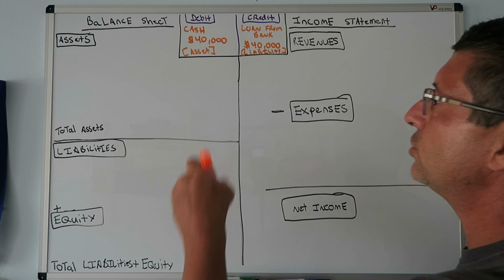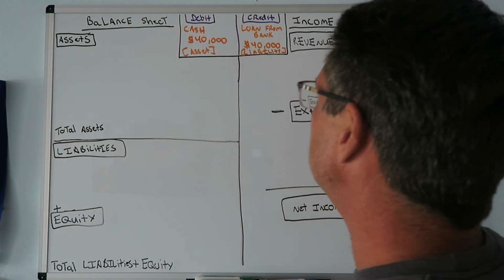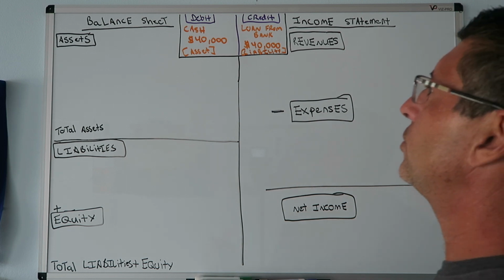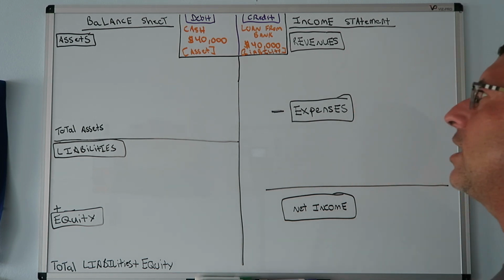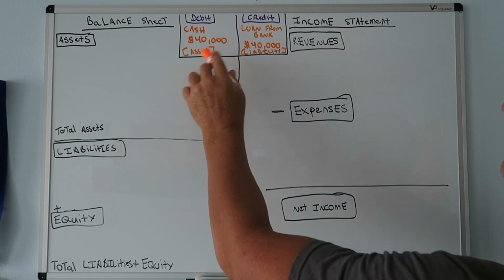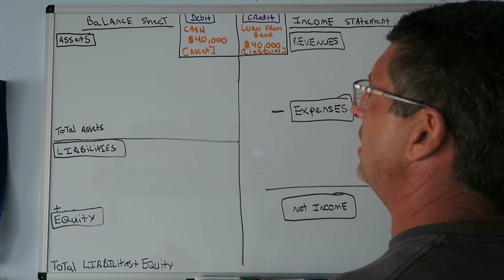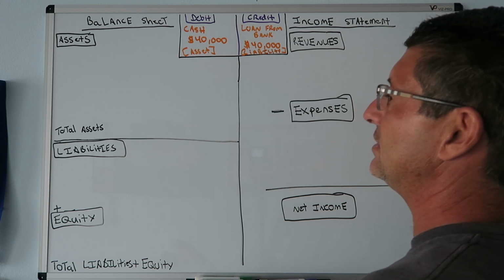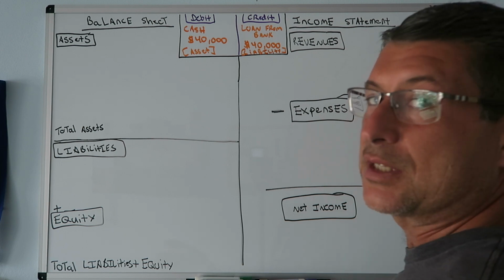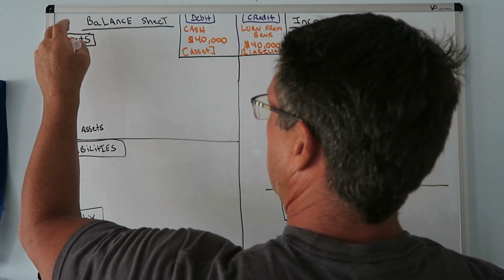So our first journal entry, cash $40,000, which was an asset, and we debited that, we credited loan from bank for $40,000. We have an asset and a liability. Now, if an asset is debited, it's going to be going up. So we have cash as an asset.